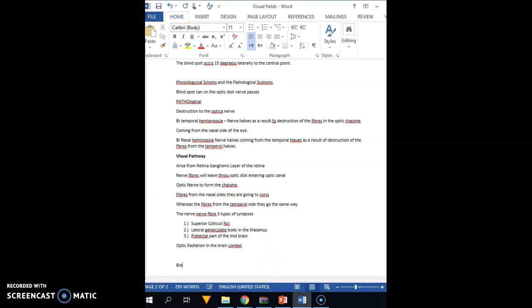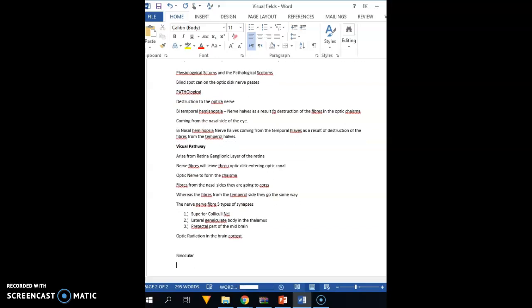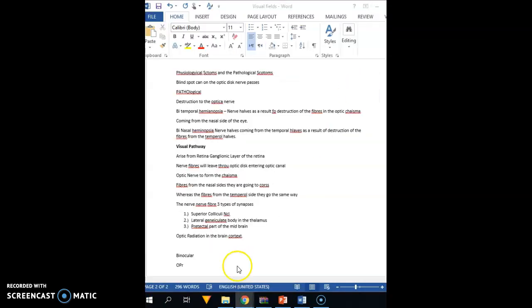I want to quickly go over some basic stuff such as binocular vision, and I want to talk a bit more about the horopters. Binocular vision is basically an overlap: the image of an object seen by both eyes at the same time.